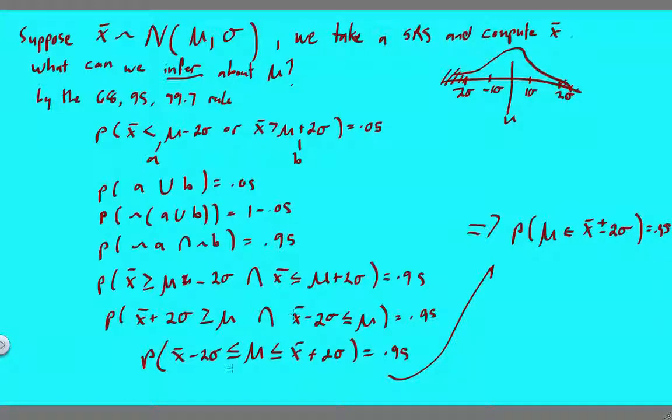It might seem like we've done nothing here, but we've actually done something very significant, which is that based on the fact that our sample mean is going to be normally distributed about the actual population mean, we are able to make a probability statement about that in terms of the standard deviation.